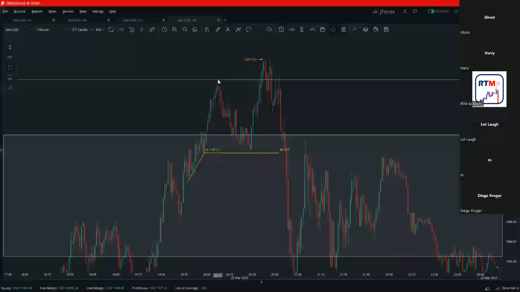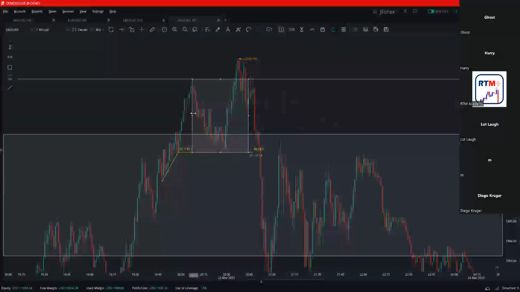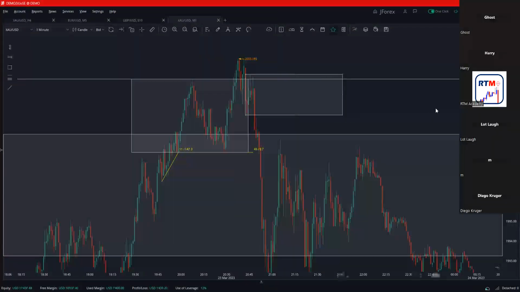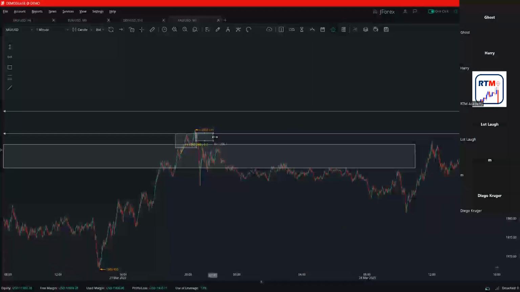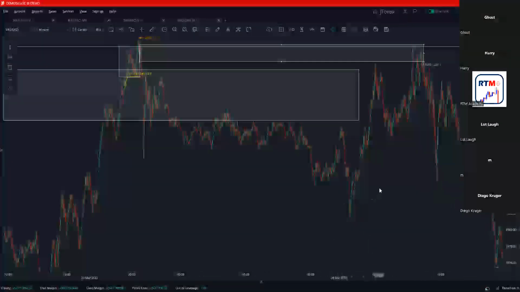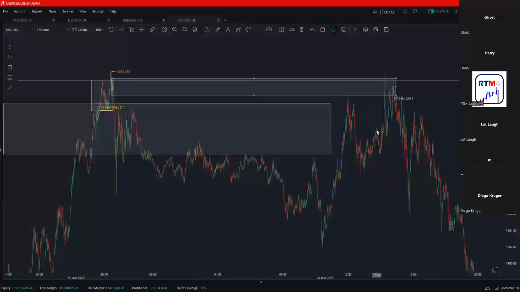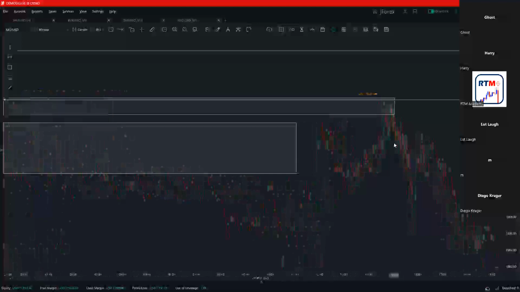We have this high, low, higher high, lower low. And this will be our LSK, right? Left shoulder flag limit. Again, because it took so much time to come back to here, we need to wait to see what type of reaction we're going to get.